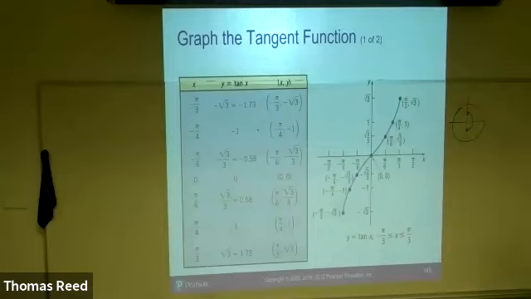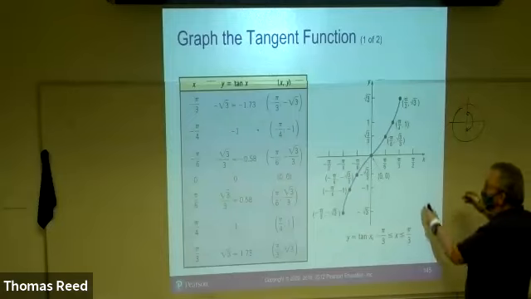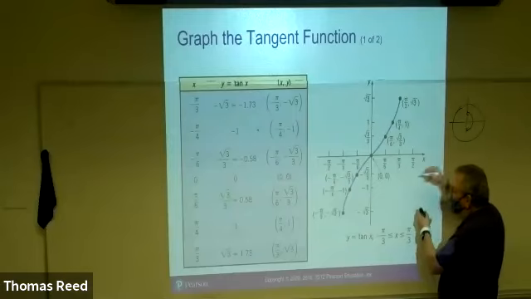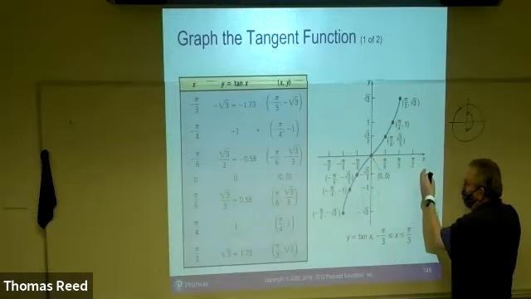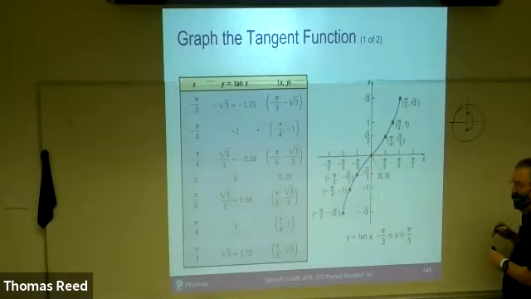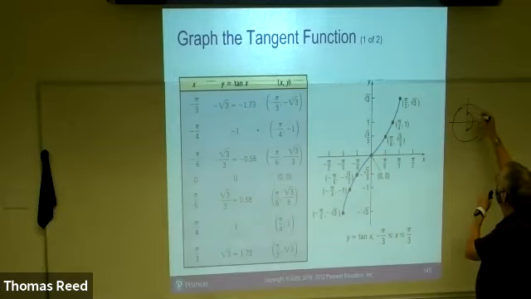The period of tangent is pi. So we just look at those values, because in the next quadrant this just repeats itself for the next period.